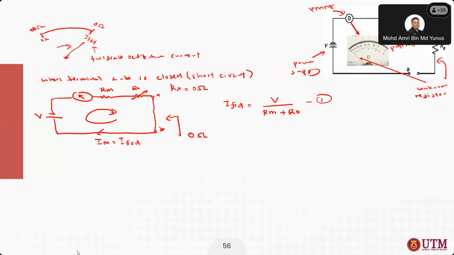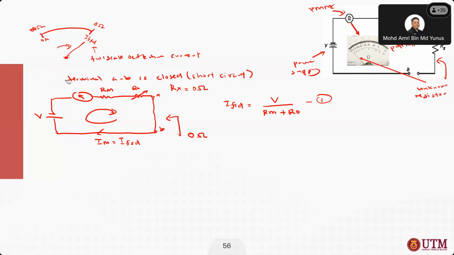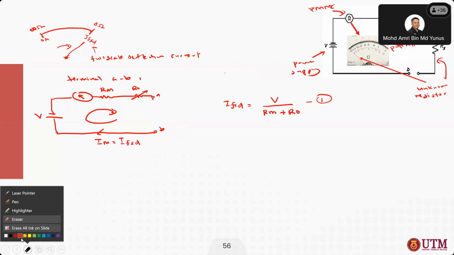So let's say we place an unknown value between terminals A and B. Let's put it as Rx.